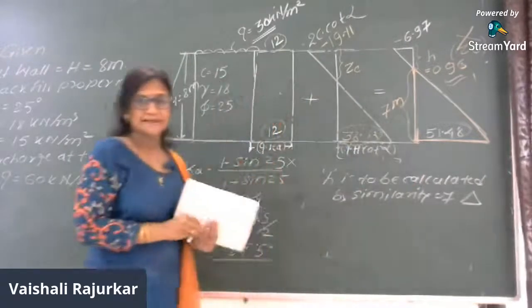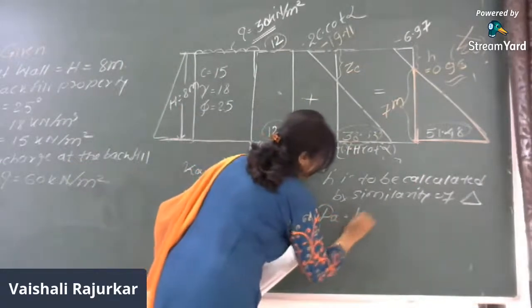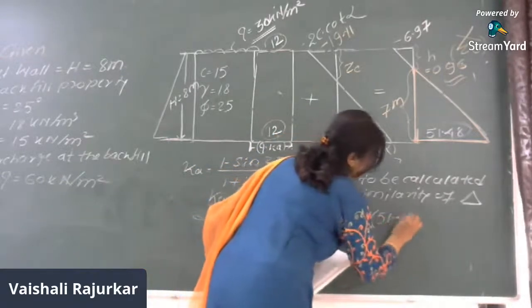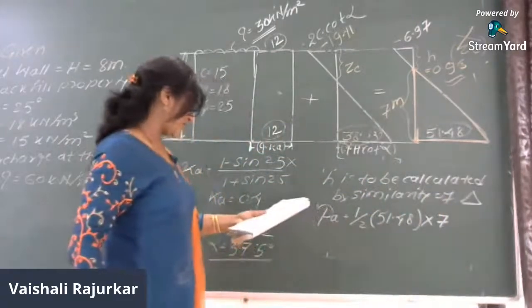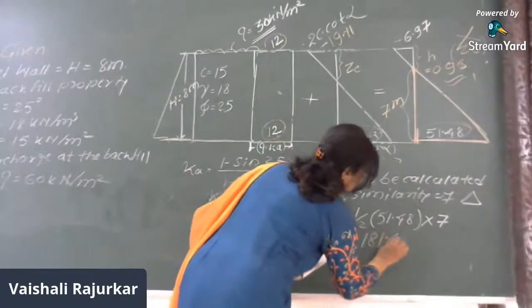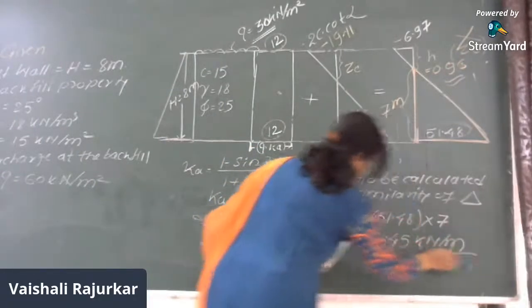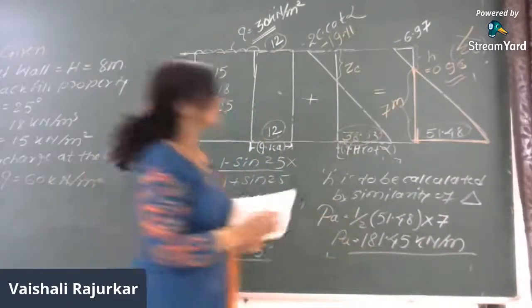It will be 7 meter, and therefore PA is equal to half of 51.48 multiplied by 7. So this is found to be 181.45 kilonewton per meter run, and it will be acting at a distance.